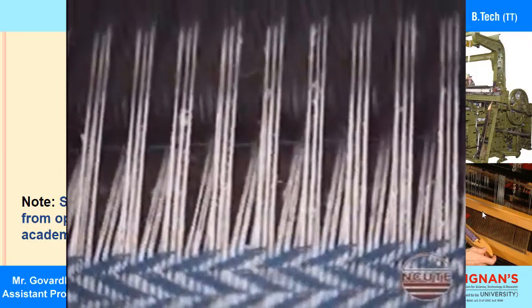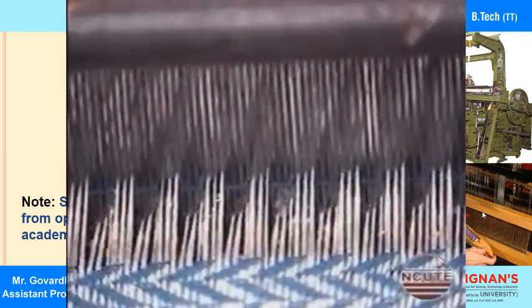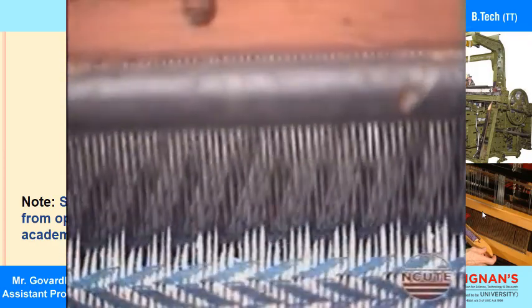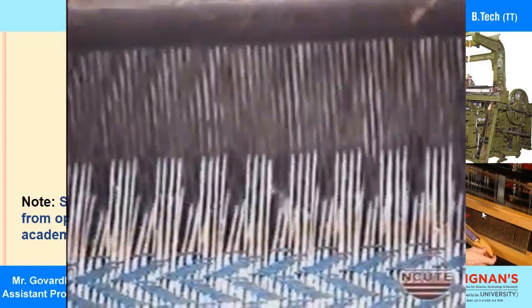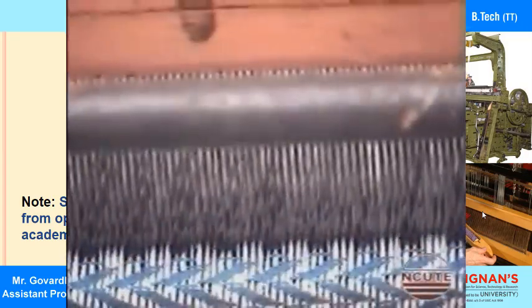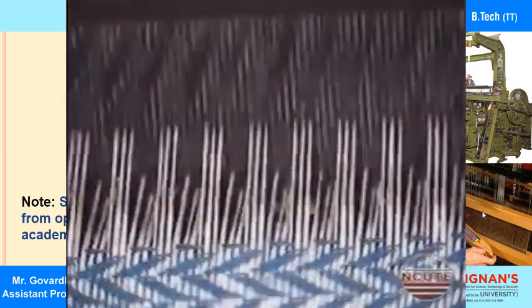In this slow motion view, we can see the forward and backward movements of the reed. This is the forward movement of the reed. The reed beats the weft into the fell of the cloth. So, this is how the beat-up mechanism works.